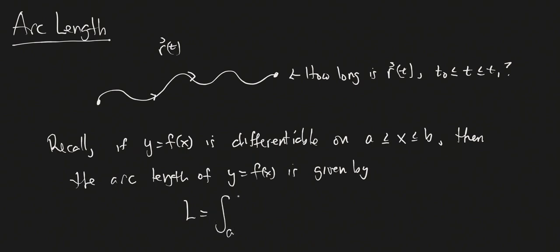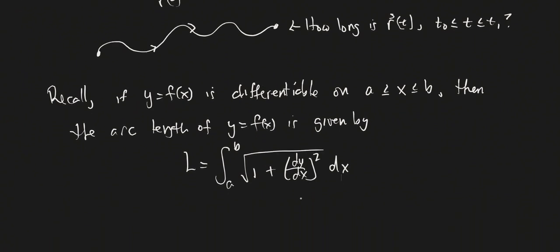It's the integral from a to b of the square root of 1 plus the derivative squared, and then you integrate that with respect to x.